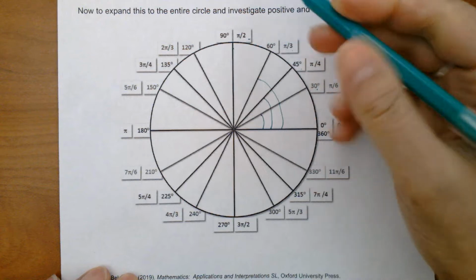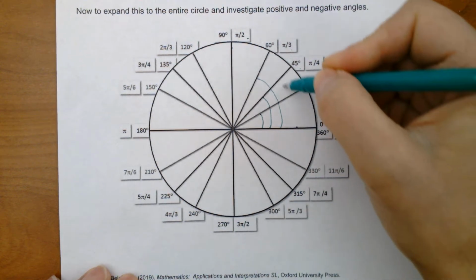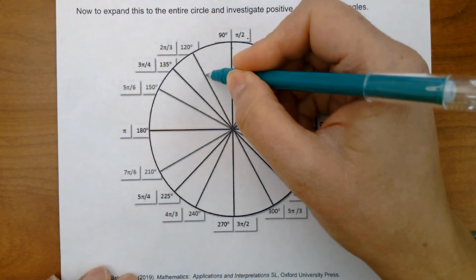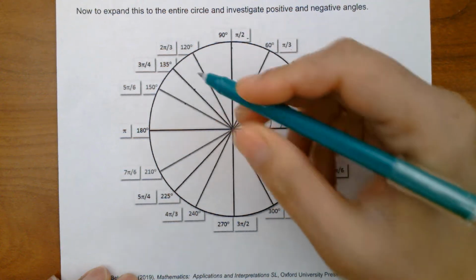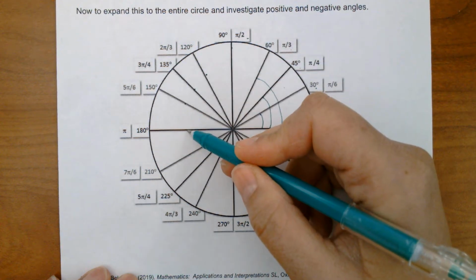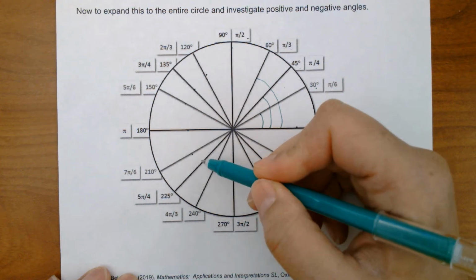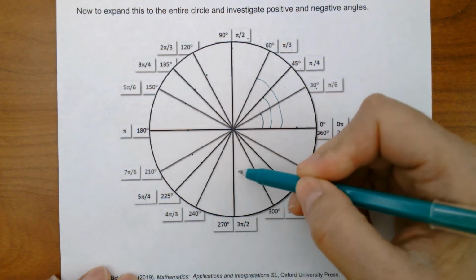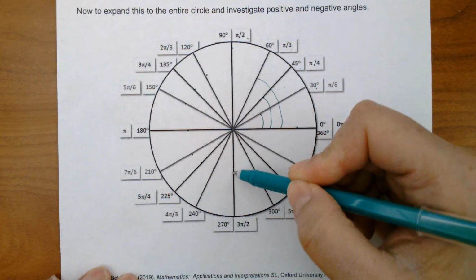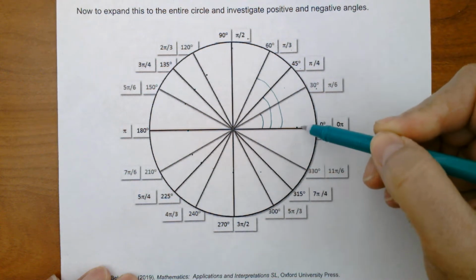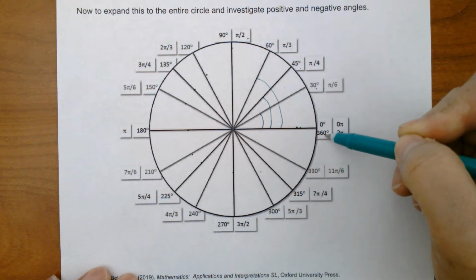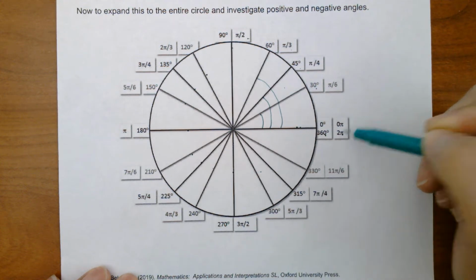Then we can keep going. Remember, we're always starting from here and going counterclockwise. So we have 120, 135, 150. Now we're at 180. 210, keep going, 225, 240, end up at 270. Keep going, 300, 315, 330, and back at 360 degrees, which is 2 pi.